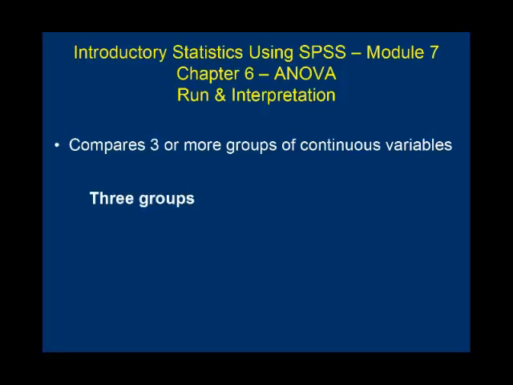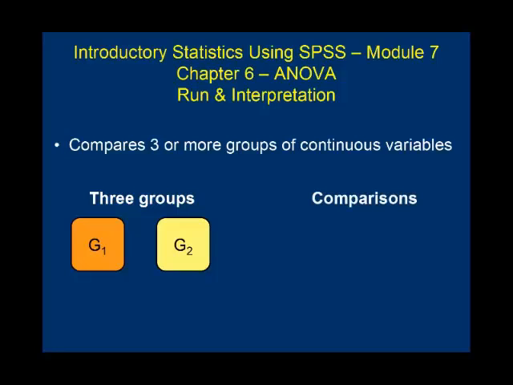In a three-group model, here's Group 1, and here's Group 2. When it comes to comparisons, we can compare the mean of Group 1 to the mean of Group 2. But we're not finished. When a third group is involved, there are more comparisons that can be made.